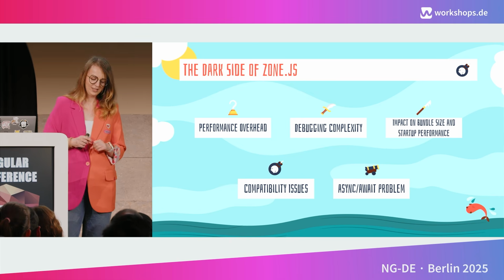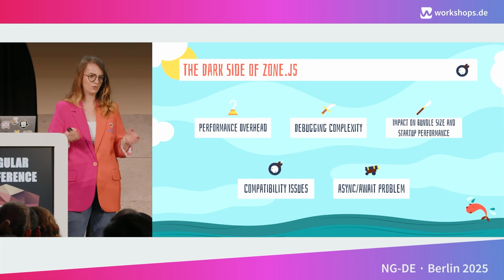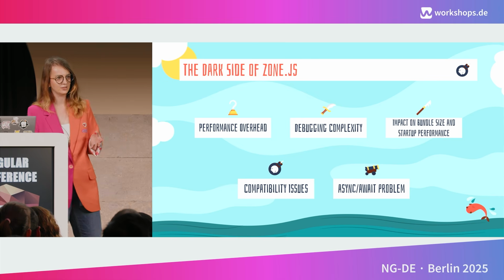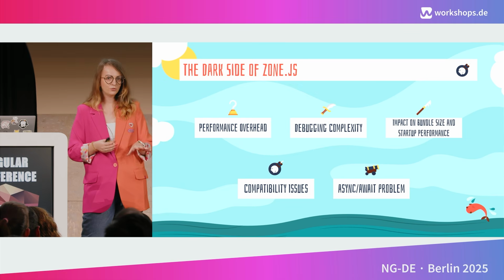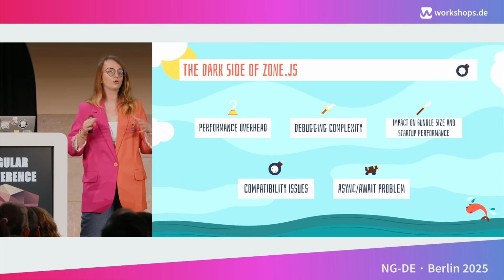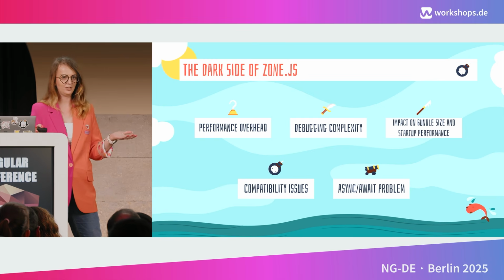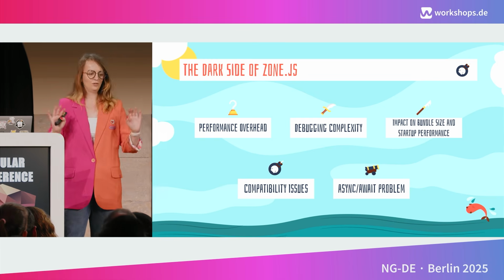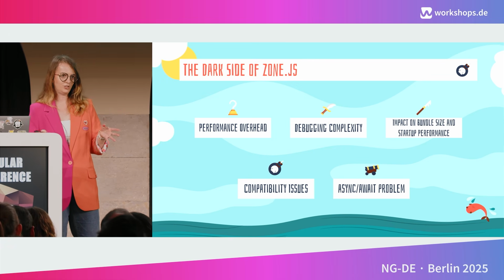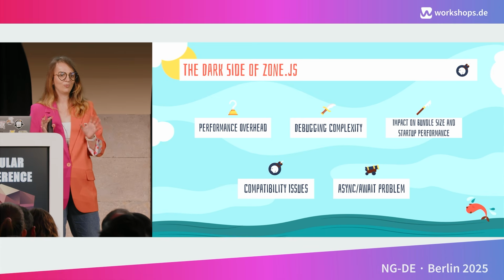Next thing, this is a library, so it has its own size, which is added to the bundle size. So that also impacts initial loading time and Core Web Vitals. Next thing, compatibility issues. I know that Zone.js has its own magic, but it's not updated automatically.